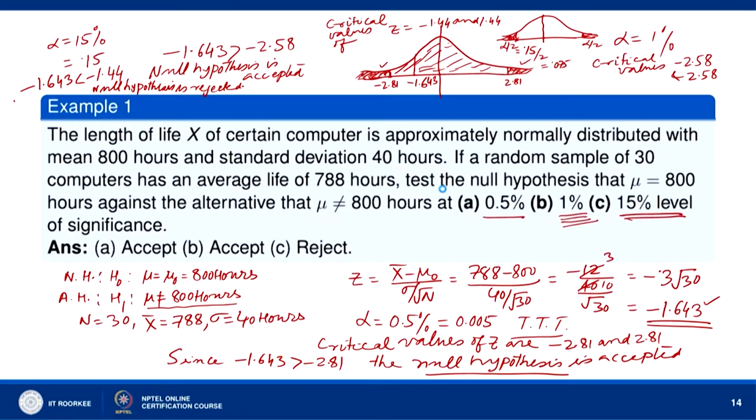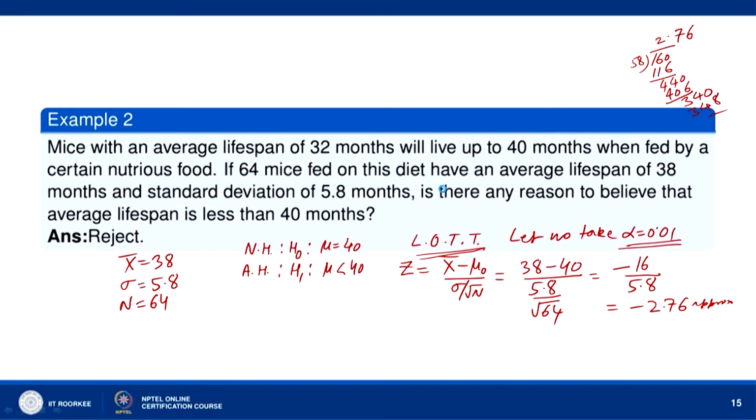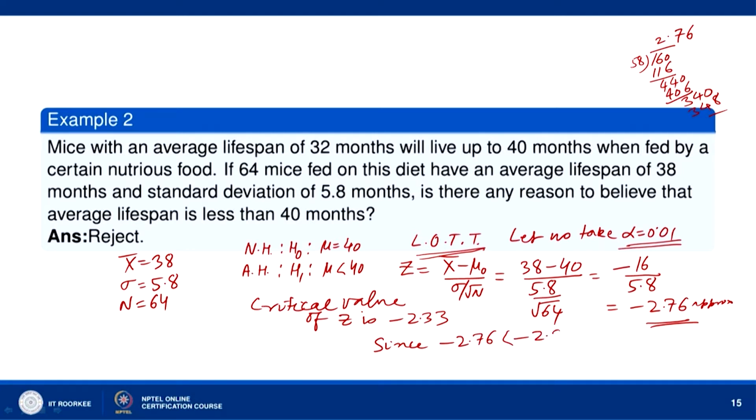So, the critical value of Z is minus 2.33 and the calculated value is minus 2.76. So, since minus 2.76 is less than minus 2.33.